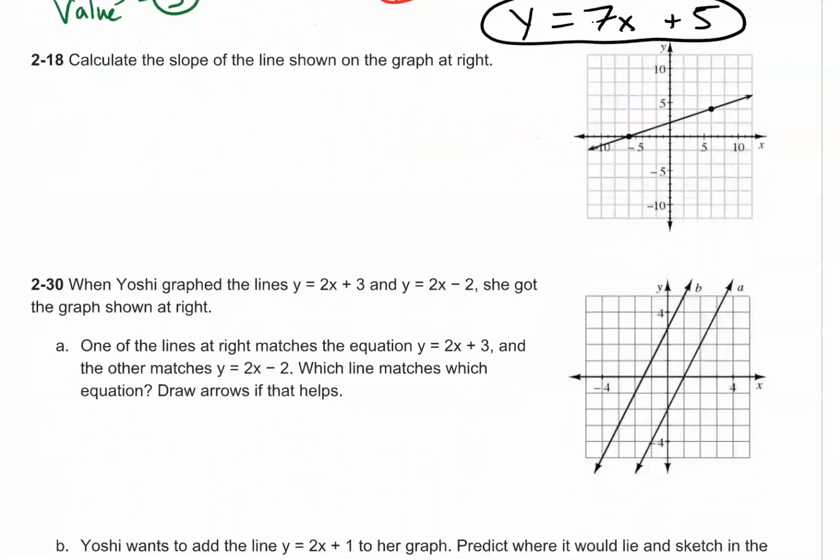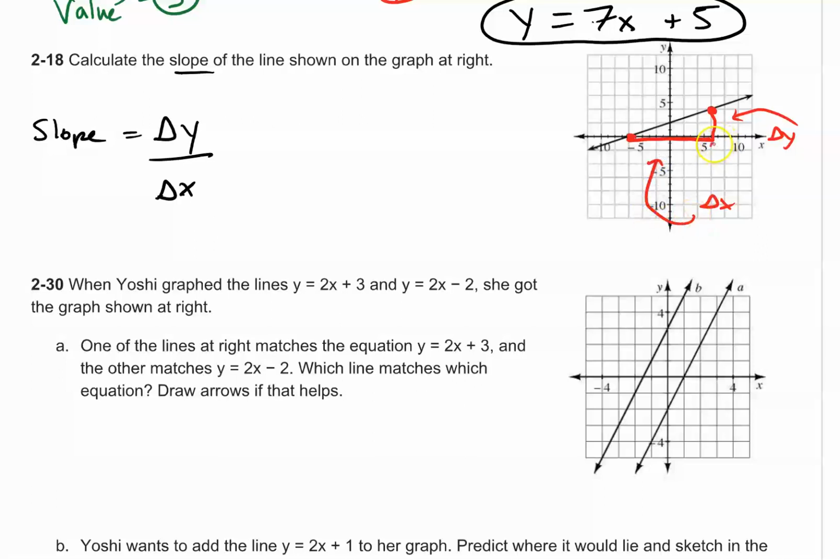Okay, 2-18, remember slope. Slope is going to be equal to the change in y divided by the change in x. The way you do that is they mark the 2 points on the line for you. You draw a slope triangle, and then this is delta y, this is delta x.